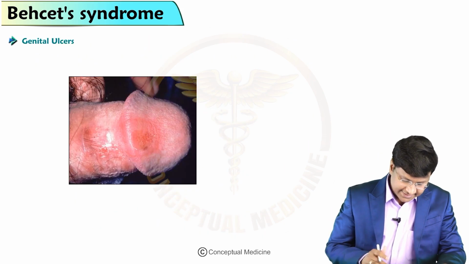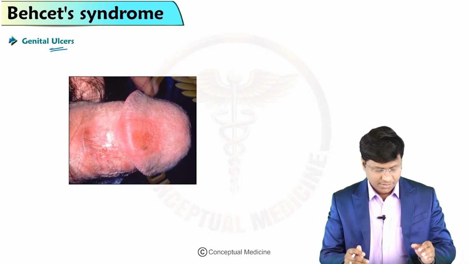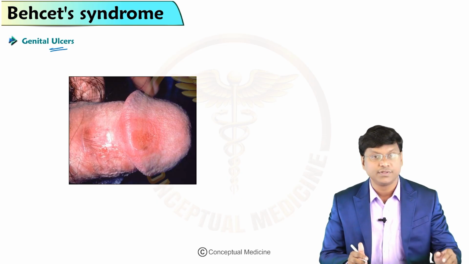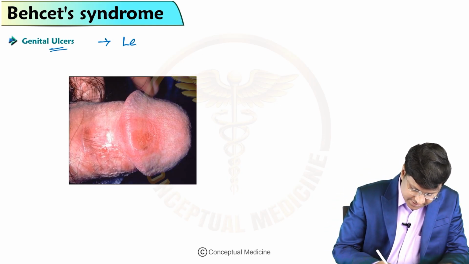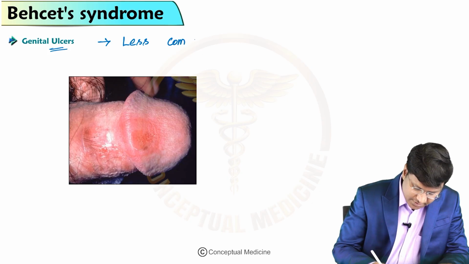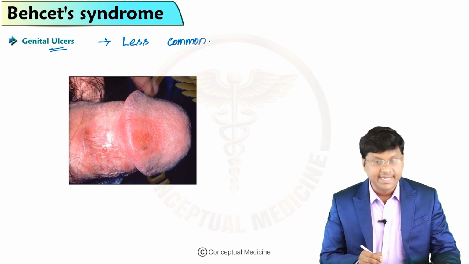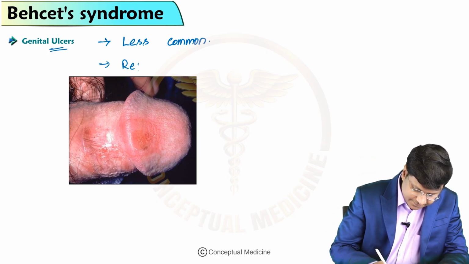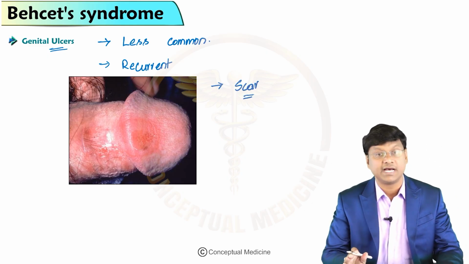Then followed by that, the genital ulcers. Genital ulcers are a little less common compared to the oral ulcers. These genital ulcers are also recurrent ulcers, but whenever they subside, they leave a scar.